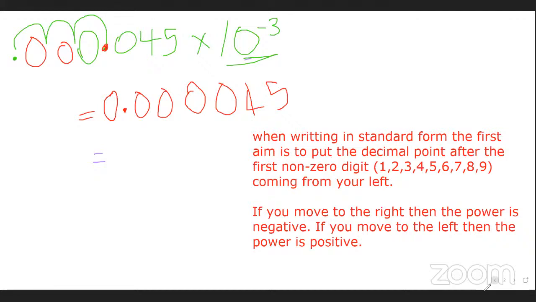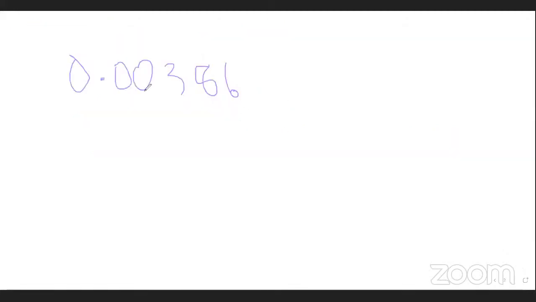When you write in standard form, the first aim is to put the decimal point after the first non-zero digit, from 1 to 9, from the left. All right. So look here now.